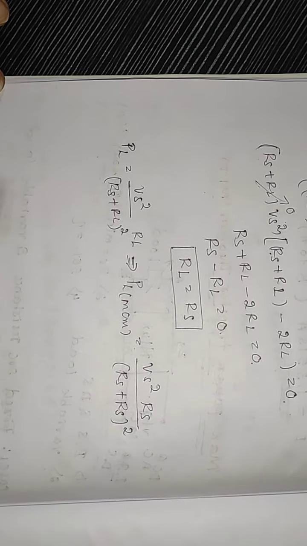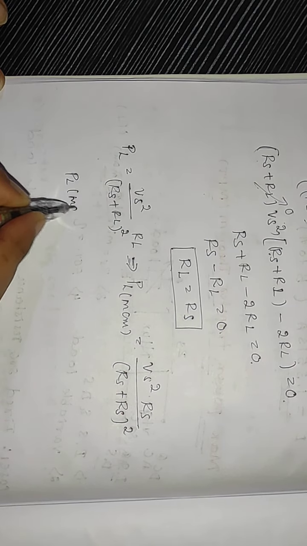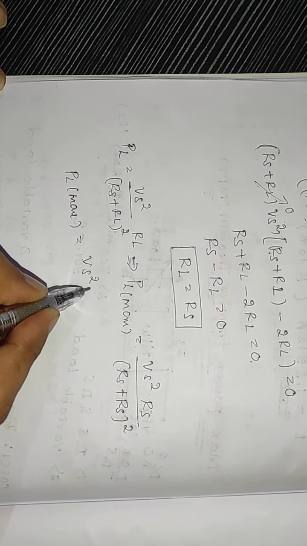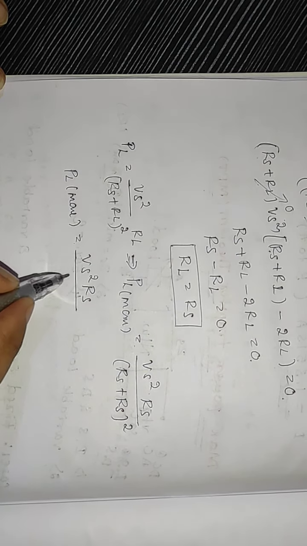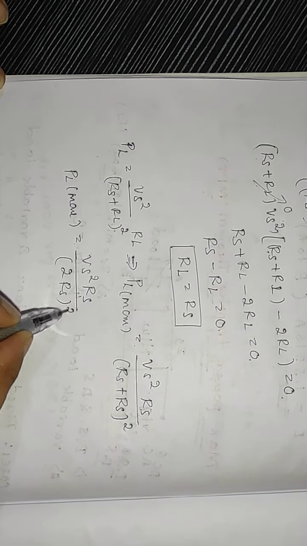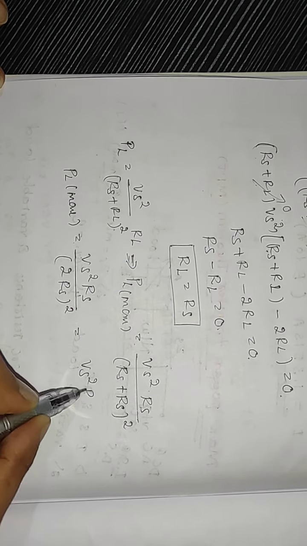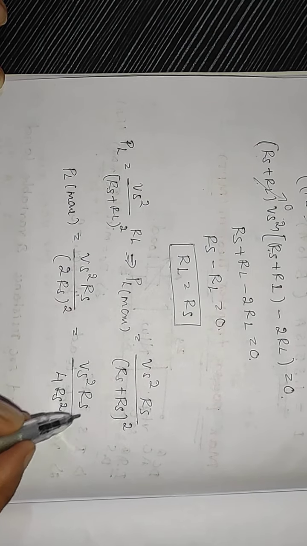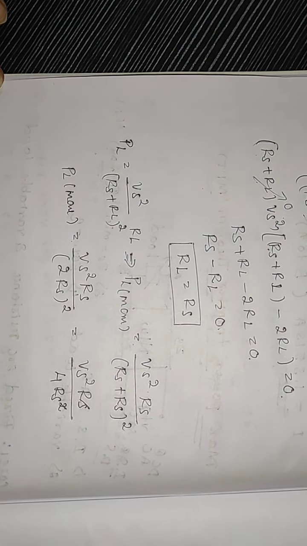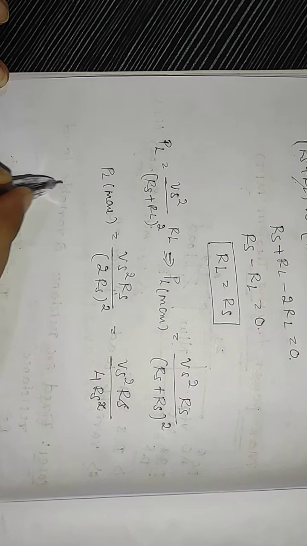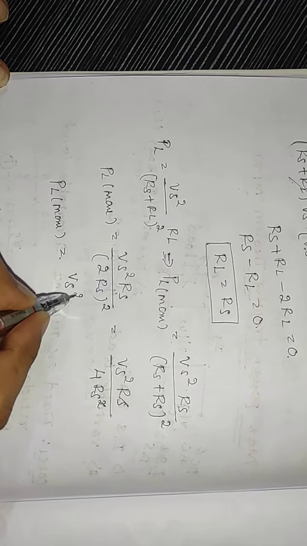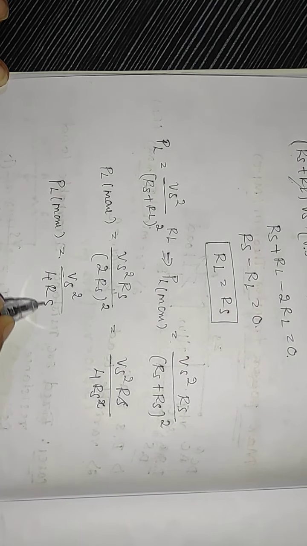So finally PL maximum equals VS square into RS divided by (2 RS) whole square, that is 4 RS square, right? RS cancelled, remaining PL maximum equals VS square divided by 4 RS.